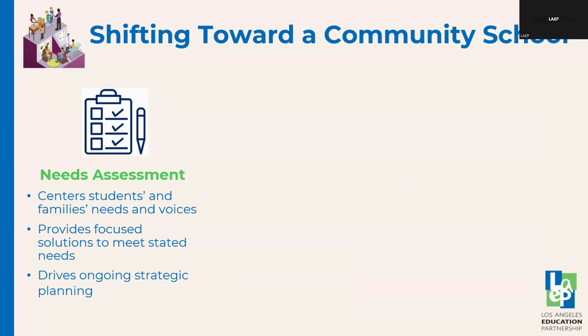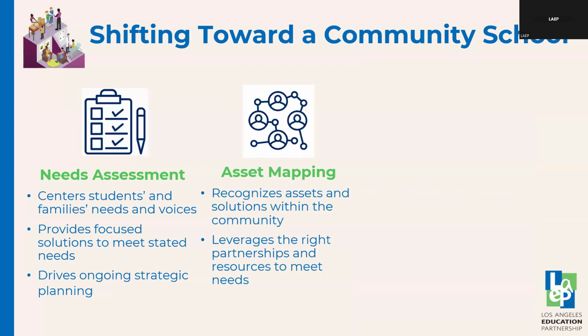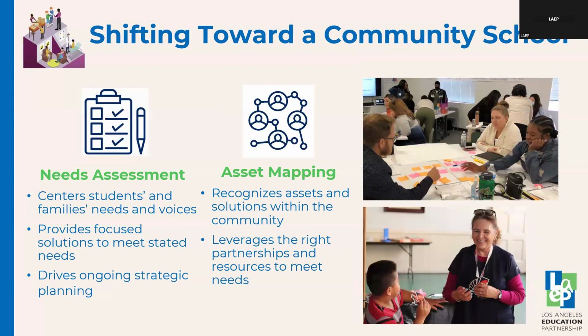Often in tandem with the needs assessment is an assets assessment, or what may be called asset mapping. Conducting an assets assessment recognizes assets and solutions that may already exist within the community. It leverages the right partnerships and resources to meet expressed needs.